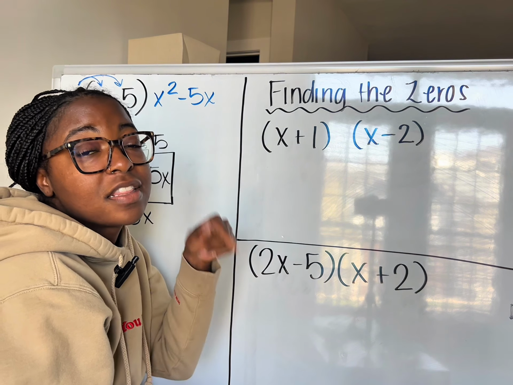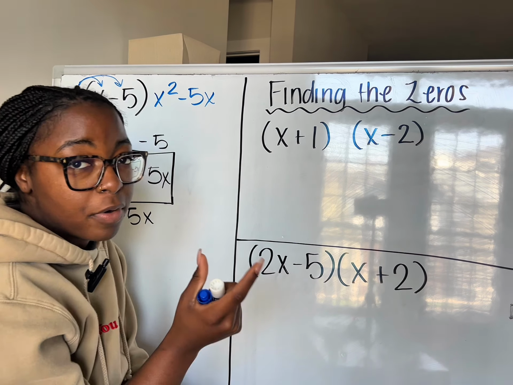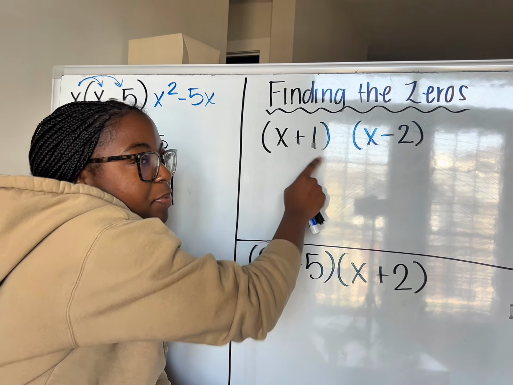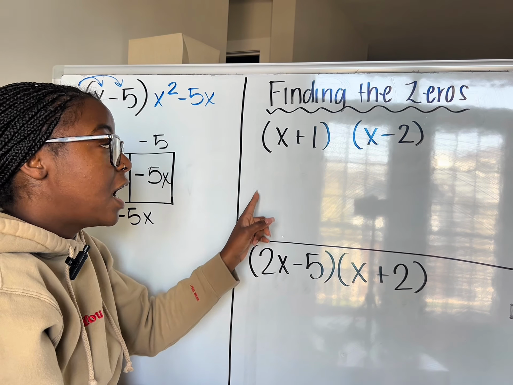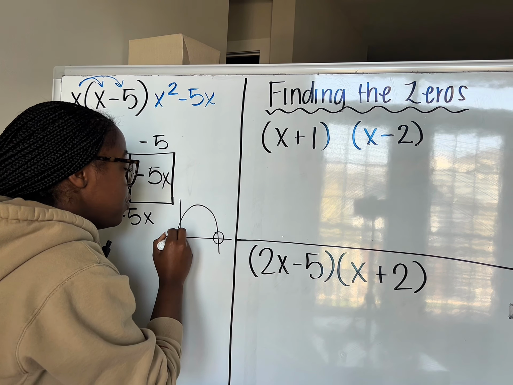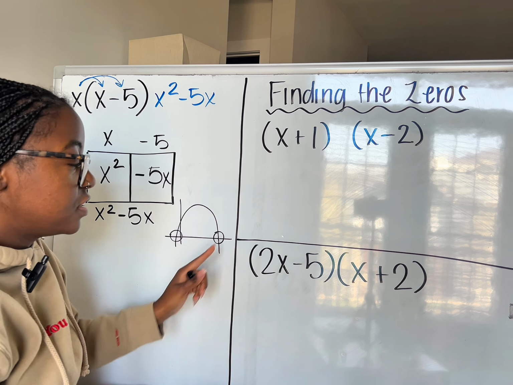When you're going to graph your own parabola, this part you need to know. So finding the zeros is finding where these 2 points are on the parabola.